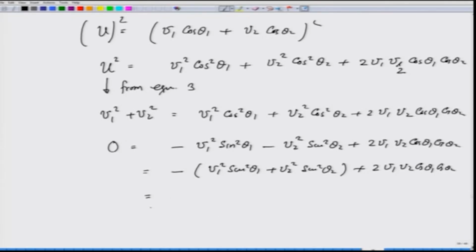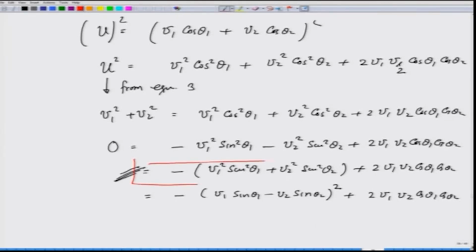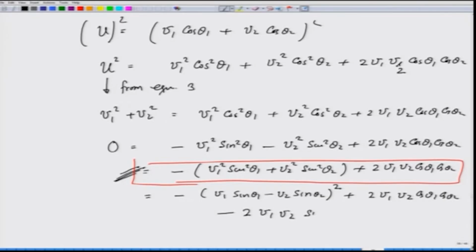So, I will use that equation and bring it in that form. I will write this as minus V1 sin theta 1 minus V2 sin theta 2 whole square plus 2 V1 V2 cosine theta 1 cosine theta 2, and to make the term in the red box match the new equation I am writing, I have to subtract here minus 2 V1 V2 sine theta 1 sine theta 2.